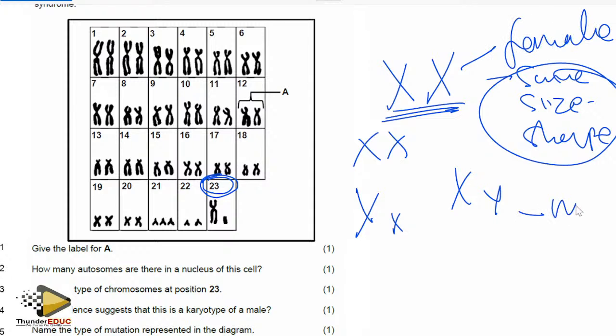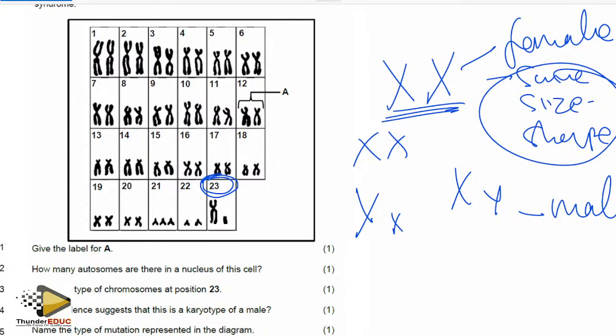If it's X and Y, it is a male. I think I'm clear about that. If you have any question, let me know.